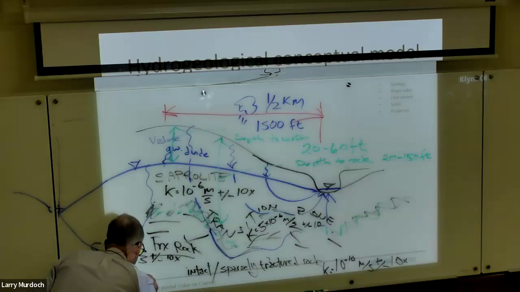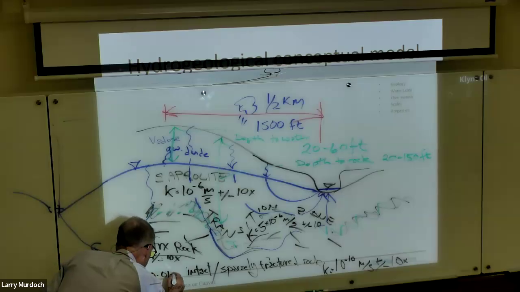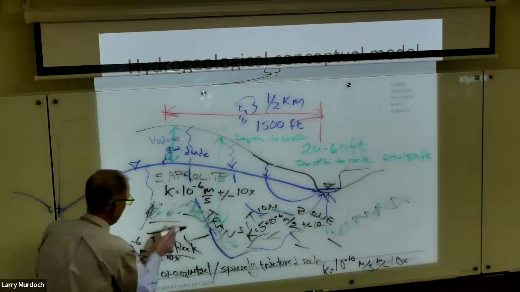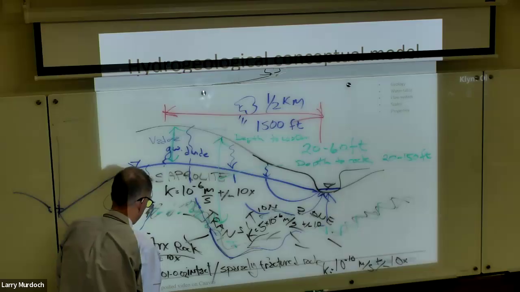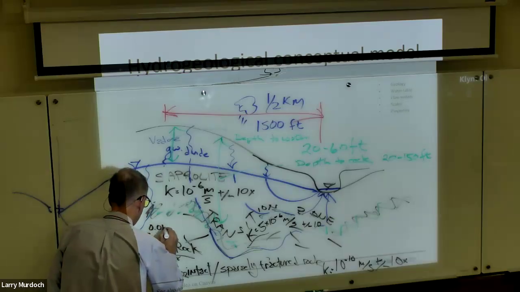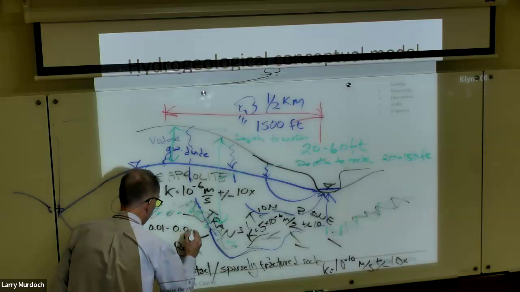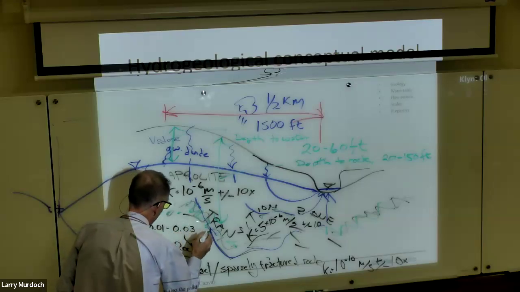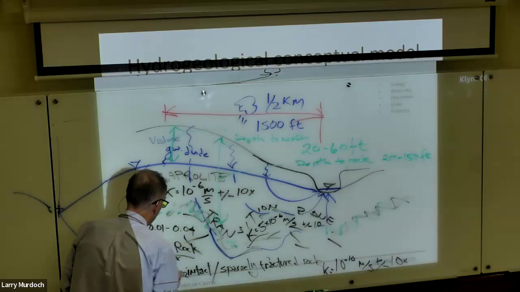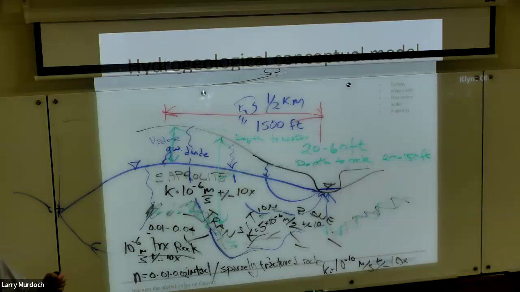Let's use n for porosity, 0.01 to 0.02. Fractured rock, yeah, so it would be like 0.01 or maybe 0.03, 0.04, 0.05. Turns out fractures are pretty narrow and they don't contribute much to the porosity.